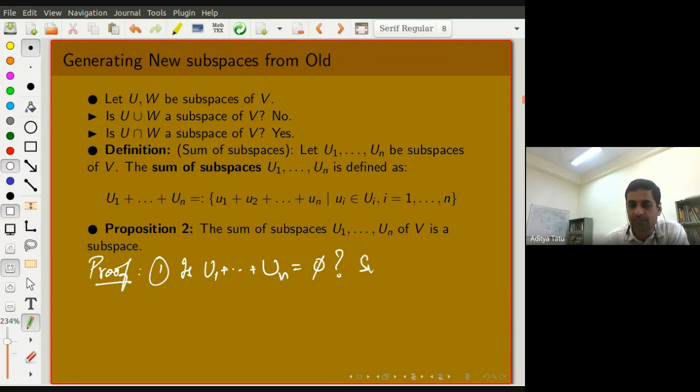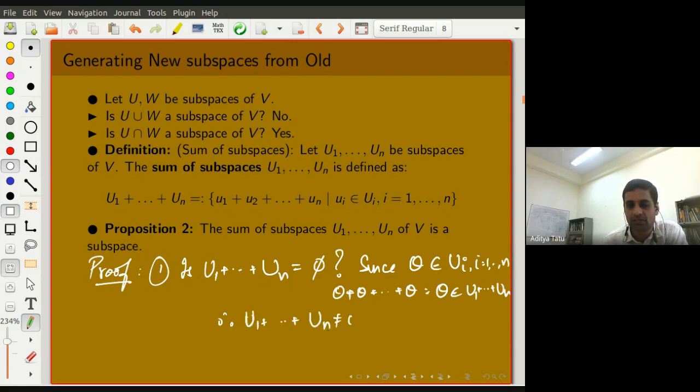So since theta belongs to each and every Ui, theta plus theta, and so on and so forth, plus theta, which is of course also theta, belongs to this sum. Therefore, this is not empty. So that's the first thing.